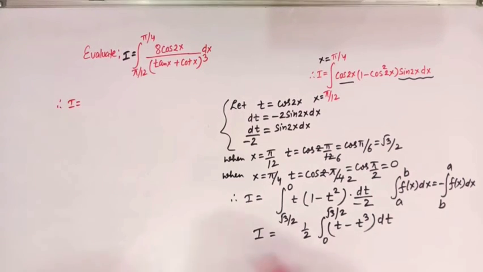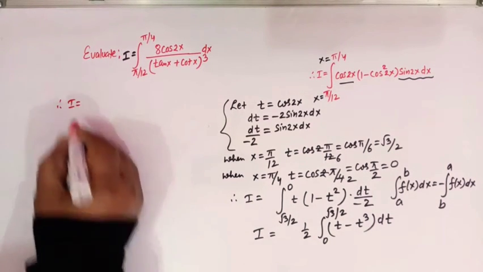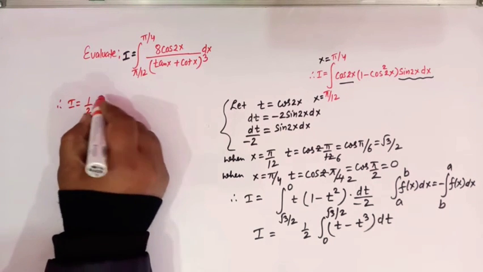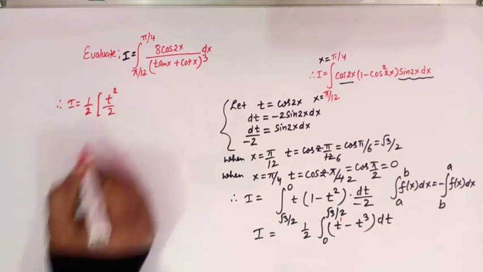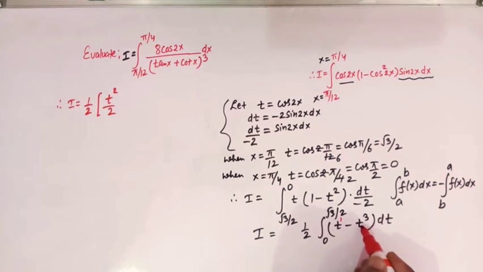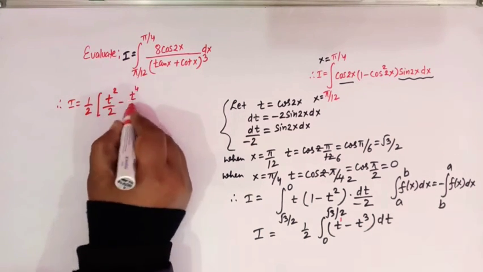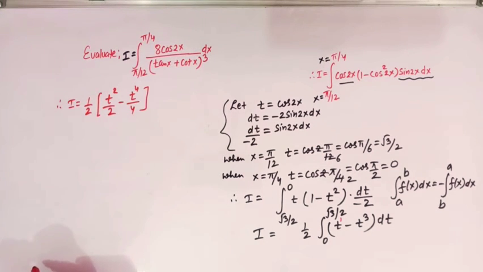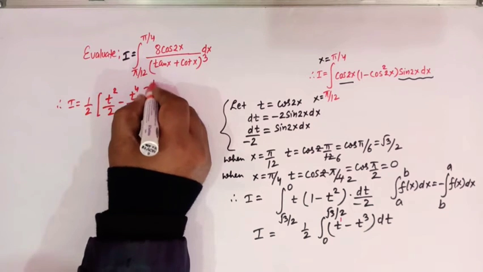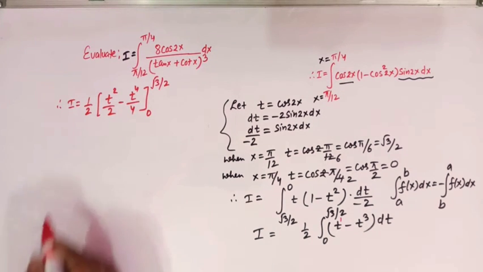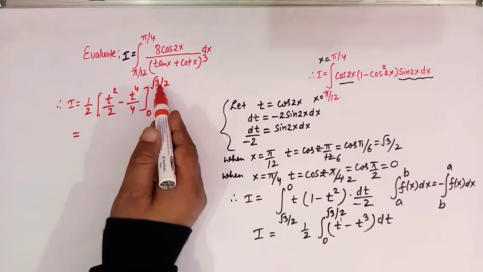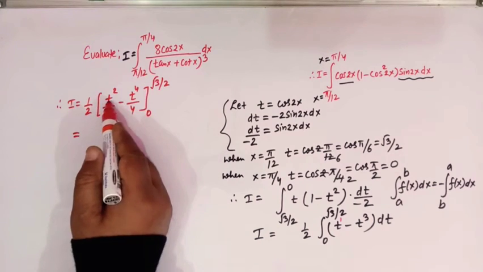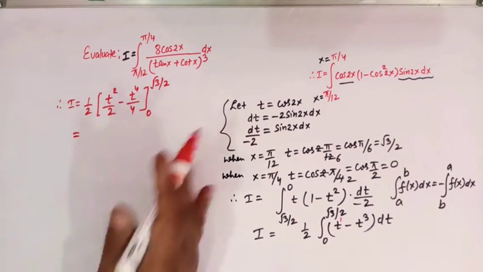Now viewers, here we have the integral I is equal to half times the integral of t minus t cube. The integral of t raised to 1 is t square over 2, and the integral of t cube is t raised to 4 divided by 4, and the limits are from 0 to root 3 over 2. Now what we have to do here is substitute the upper limit and the lower limit and take the difference.